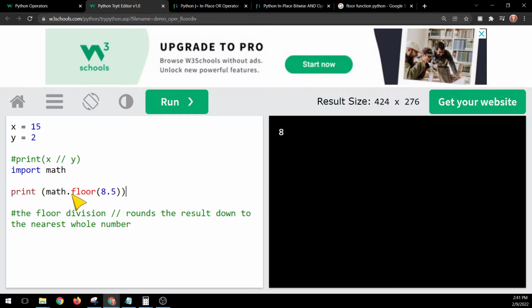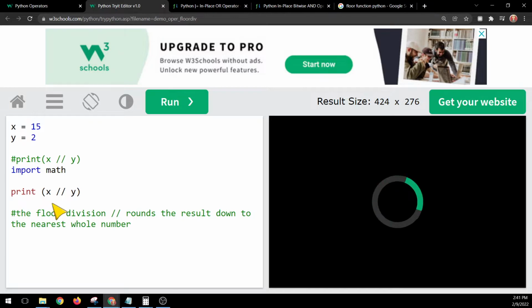So there is a floor function in Python, but you have to import the math library in order for this to work. So if you don't want to do that, you can just use this double division, the 2 forward slashes, and it will basically get rid of the remainder and round down.